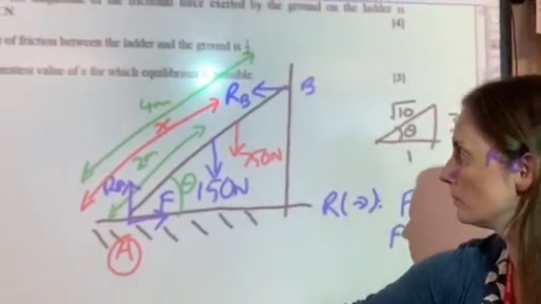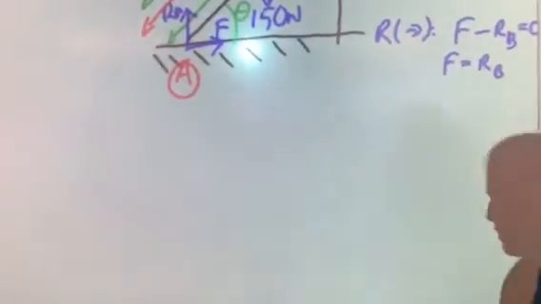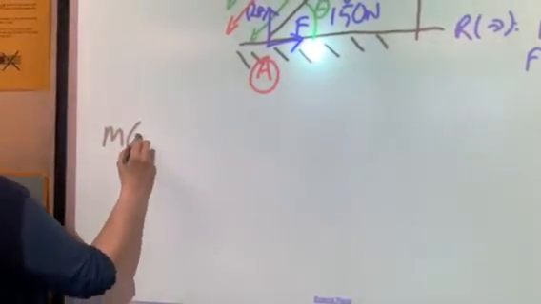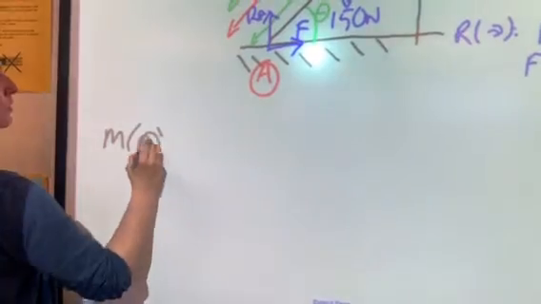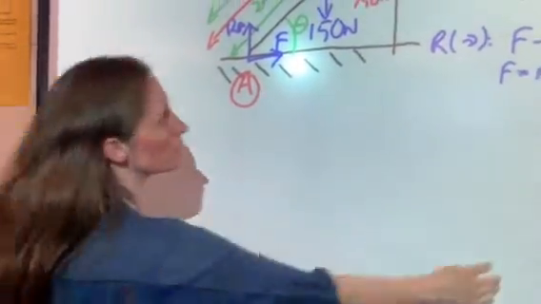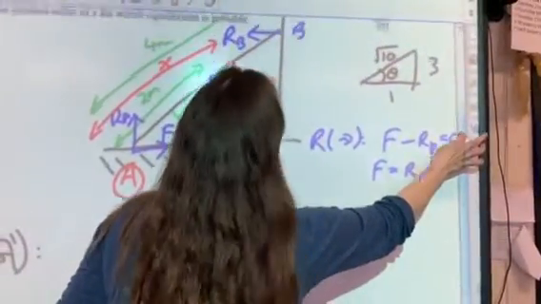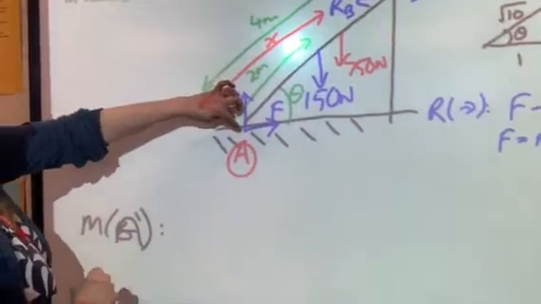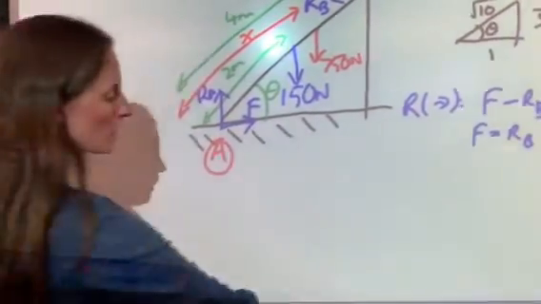So we're going to take moments about the point A, which is at the bottom. I'm going to start at the top end, so I need to watch out for angles.